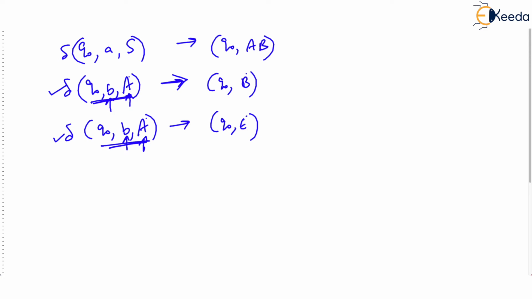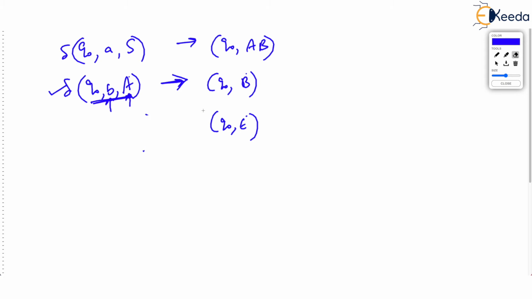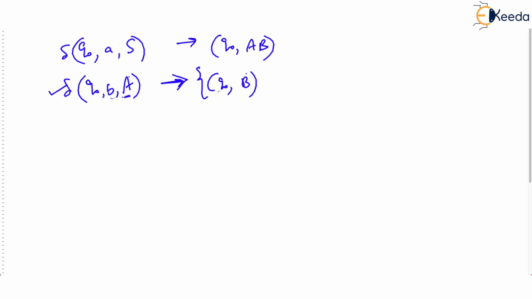We typically write this in our working, although for GATE how you present the things is not needed, but in general we write this as follows, that when Q0 reads B and top is A, then it may result in one of these results. This is clearly multiple actions for the same configuration.